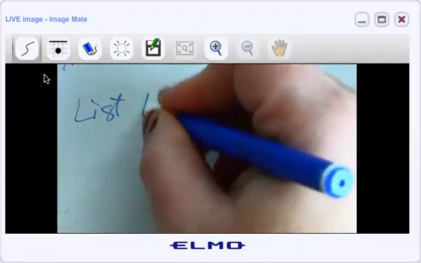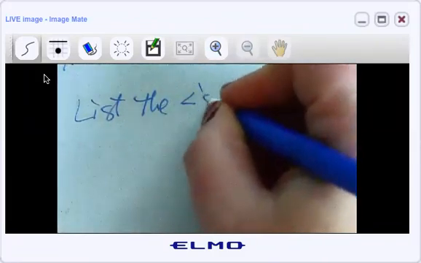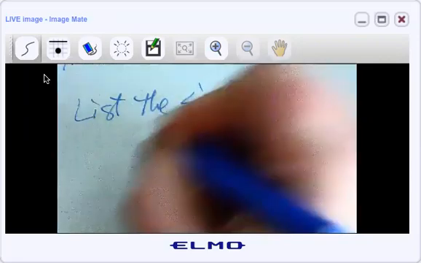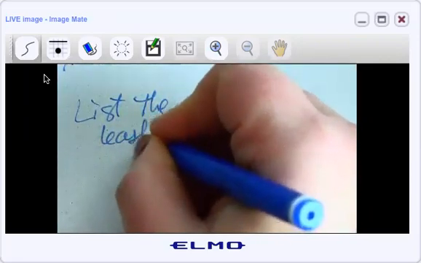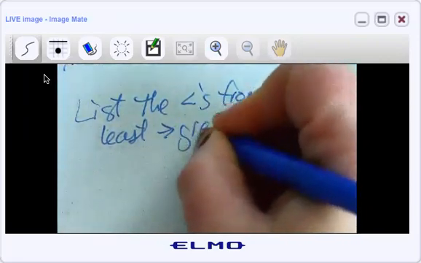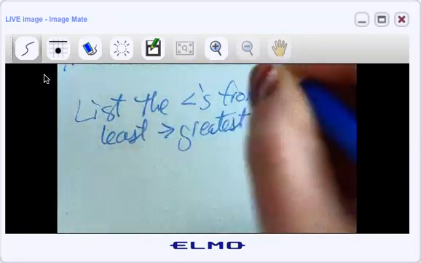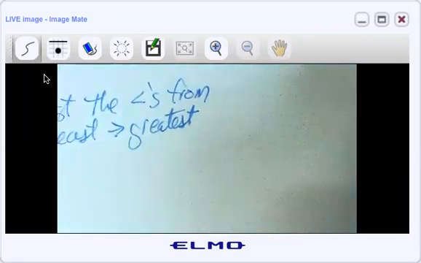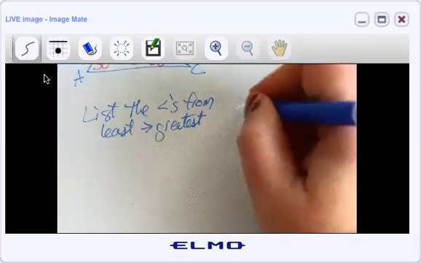All right, so real quick. List the angles from least to greatest. So we'll do one of those. And then I also want you to do one where you list the sides.